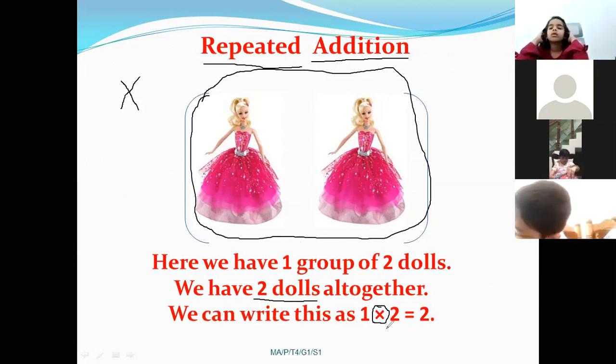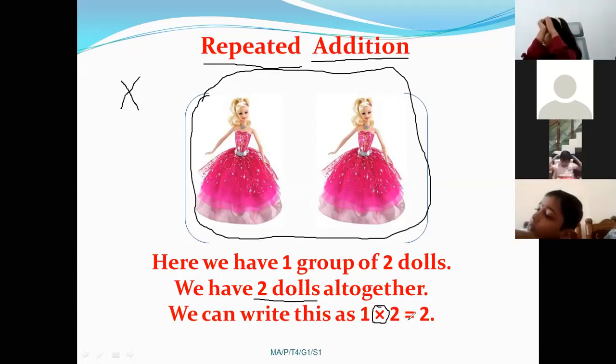Okay. And you can see the last line. We can write this as 1, and how will you read it? 1 multiplied by 2. You all should know how to read it. This is 1 multiplied by 2 is equal to 2. What is this?